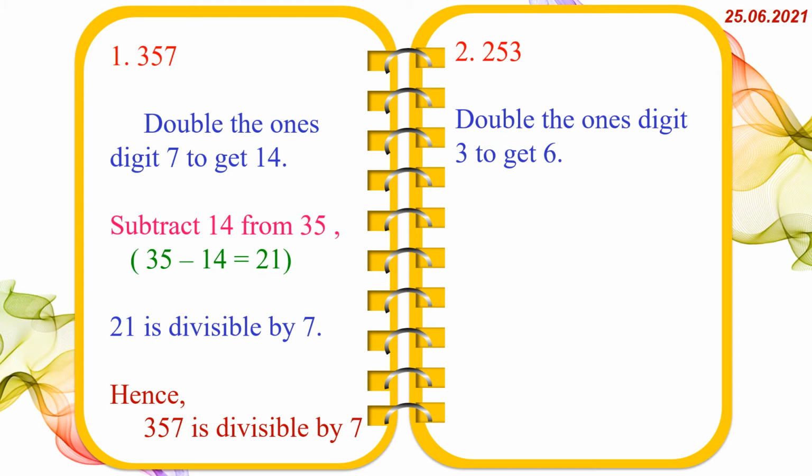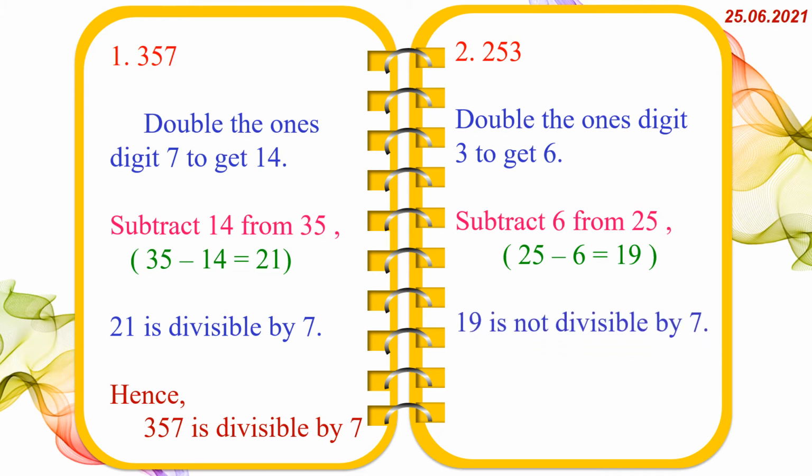Now, subtract 6 from 25. We get 19. That is, 25 minus 6 equal to 19. 19 is not divisible by 7. Hence, 253 is not divisible by 7.